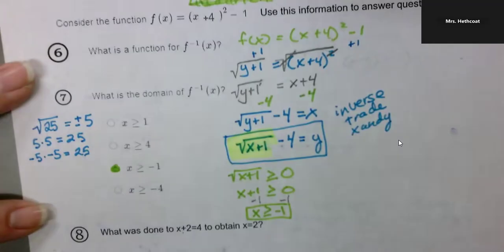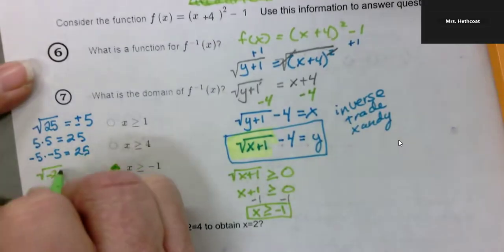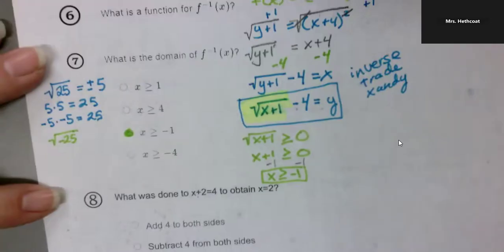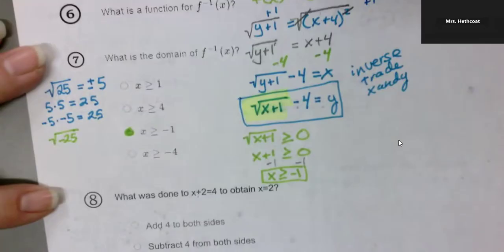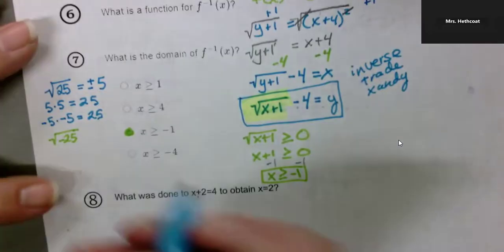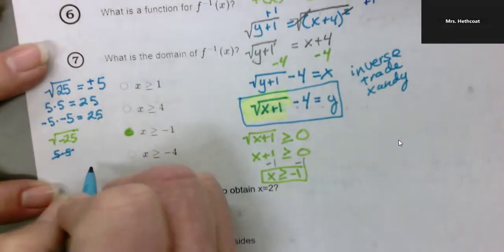But what if my problem was asking what is the square root of negative 25? So what are two numbers that multiply together, the exact same number, that would give us negative 25? Well, 5 times 5 doesn't work because that gives us a positive 25.